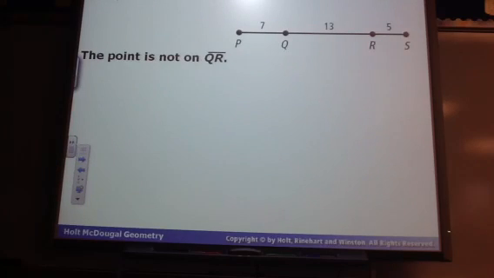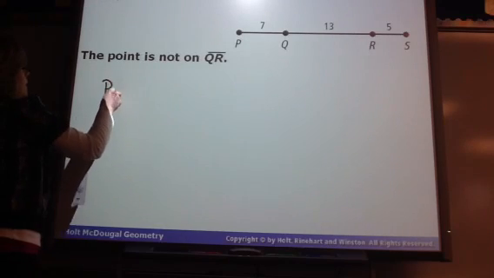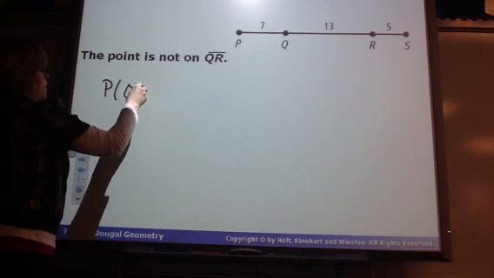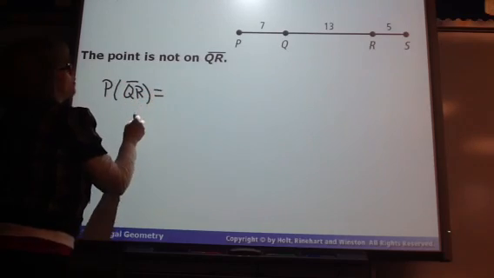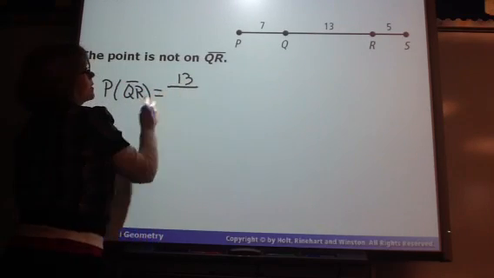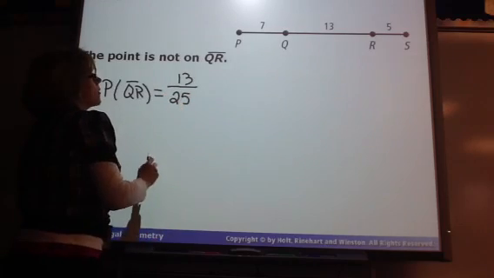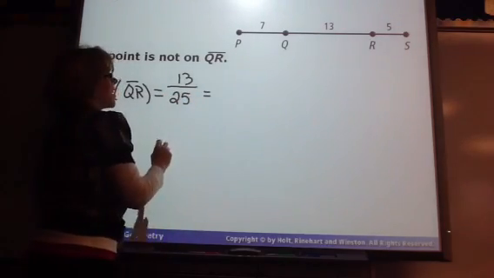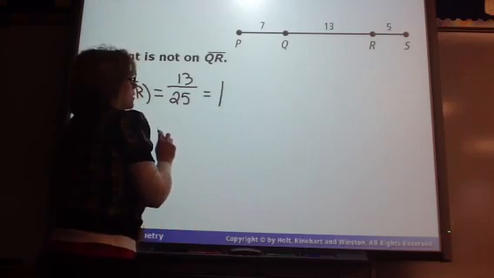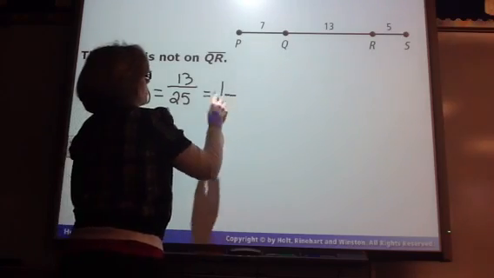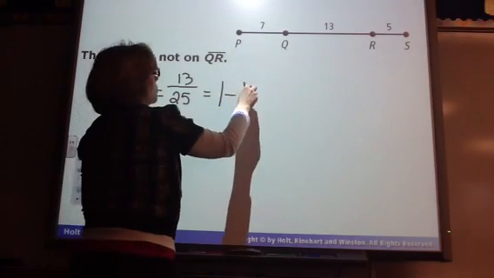Okay, the point is not on QR. Okay, so let's first find the probability that it is on QR. So QR is 13, that's the event. The sample space is 25. So this is if it were to land on QR. To find that it would not land on QR, you would take the total probabilities out of 1 and subtract.